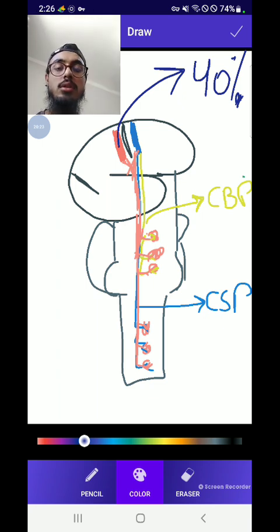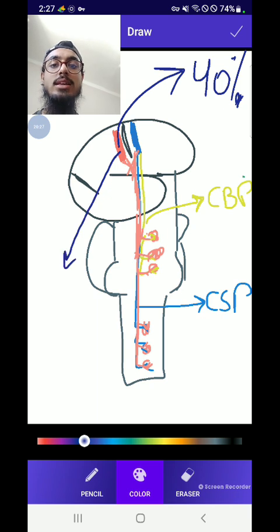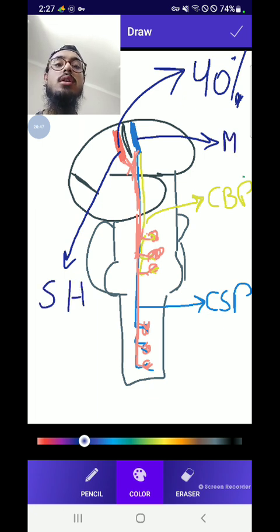One more thing: what is the homunculus of the sensory and what is the homunculus of the motor? Homunculus is just the area. In the previous picture I explained the areas where the arteries supply. Homunculus is just that area. So if there is a sensory part, there is a sensory homunculus, and if there is a motor part, there is a motor homunculus.